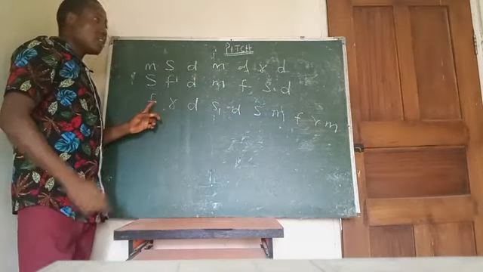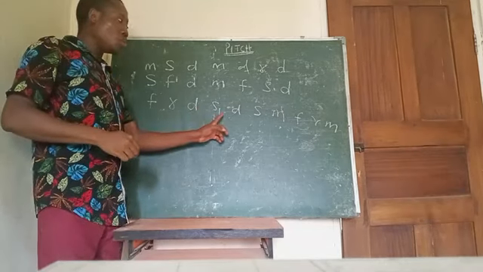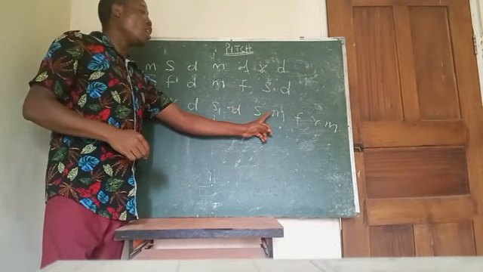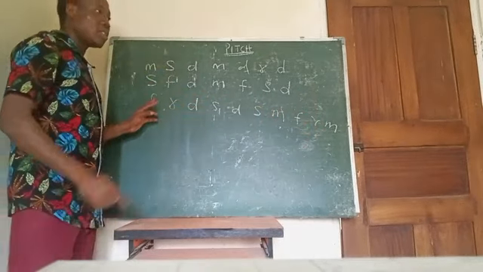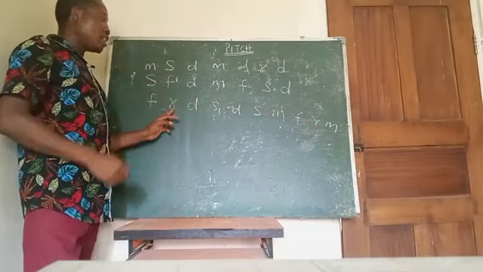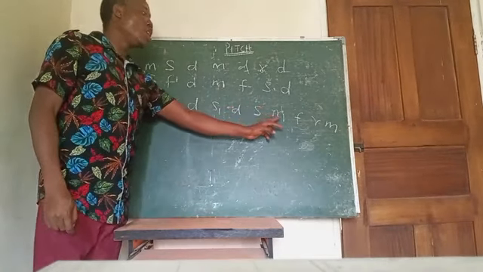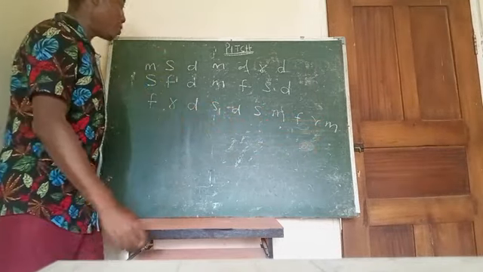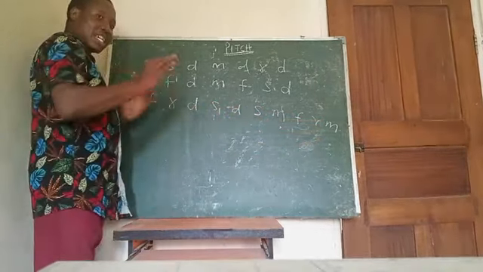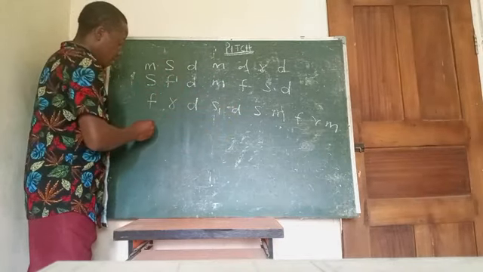So this is fa, re, do, so, mi, fa, re, mi, fa, re, do, so, mi, fa, re, mi. Okay, so I'm expecting you to now try this and then send me the voice note. Let's see.